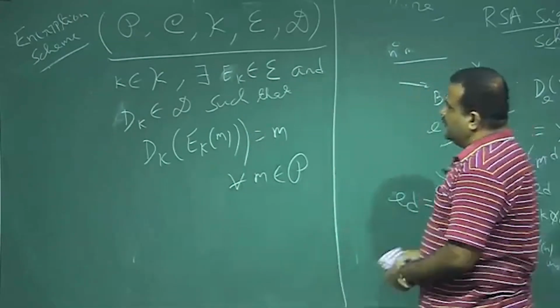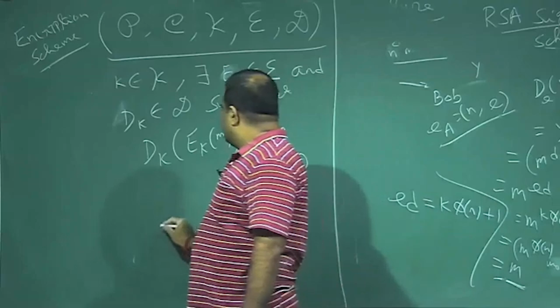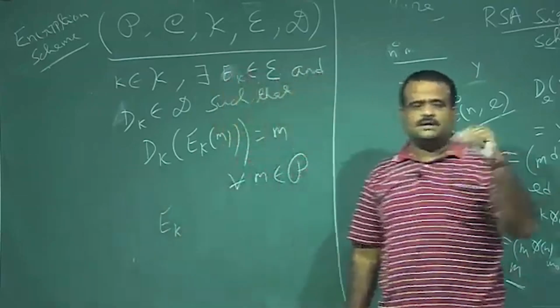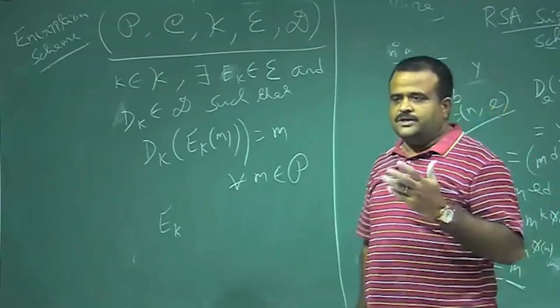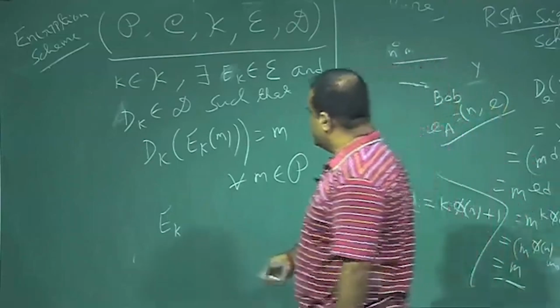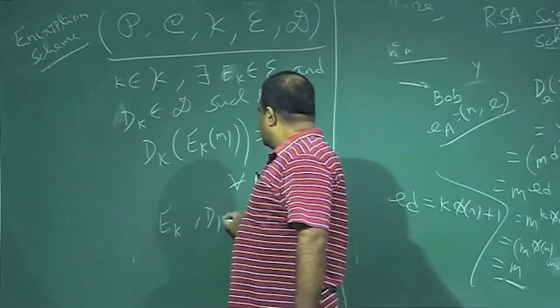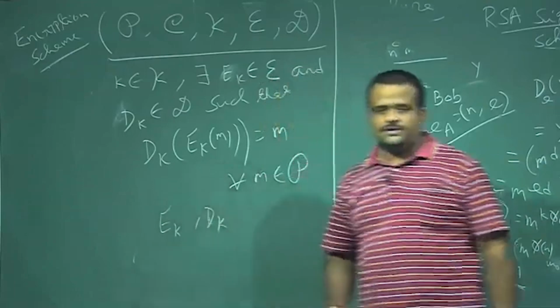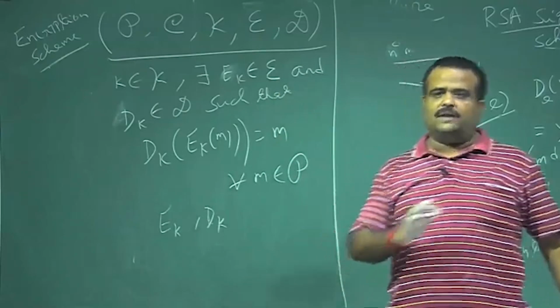Provided this ek and dk should be easy functions. Easy function means it should be polynomial time, it should not be hard. This ek and dk should be feasible functions, I mean, it should not be a hard problem like a one way function.